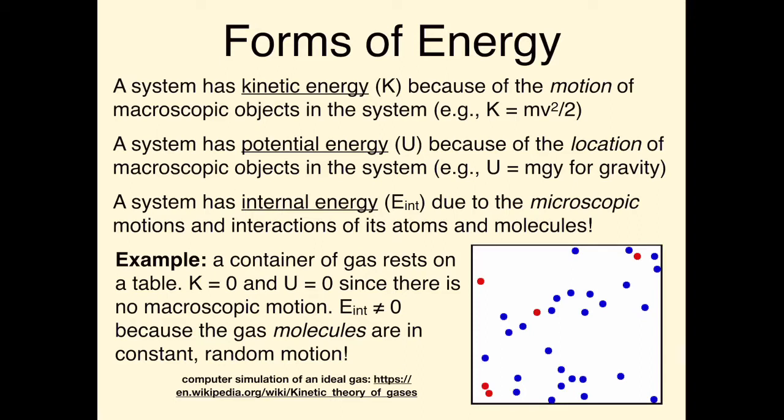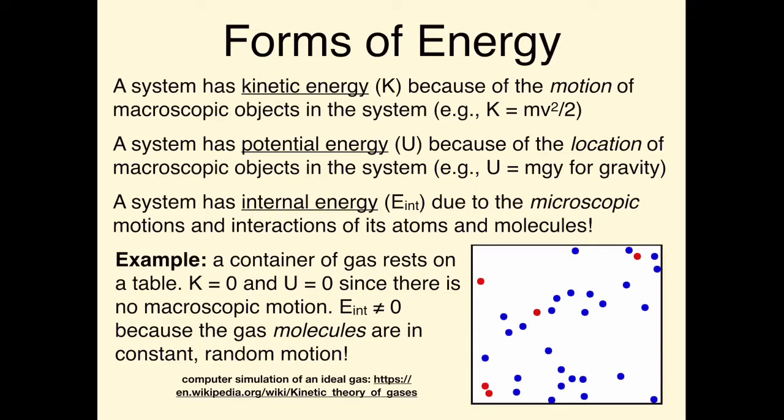As far as kinetic energy is concerned, the box itself is not moving around, so there's no macroscopic motion going on. We would say K, the kinetic energy, is equal to 0. In a similar way, you could set the potential energy equal to 0. You're free to set the 0 point for potential energy wherever you like. The point is there's no macroscopic motion happening that you can notice just by looking at the box.